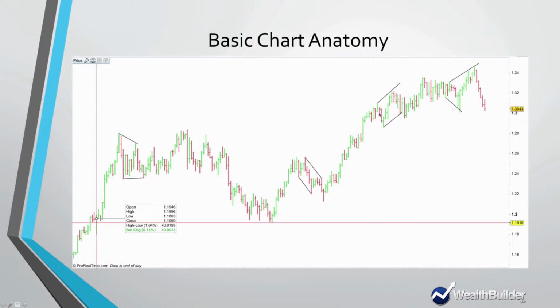We have 1, 2, 3, many actually, but at least 3 days where the lows of the day are higher than the lows of this day, and we have at least 1 day to the right where the low of this day is higher than the low of this day. So we have at least 3 to the left and at least 1 to the right where the lows of the day are higher than the low of this particular day. That would be a 3-bar low, 3-bar significant low.